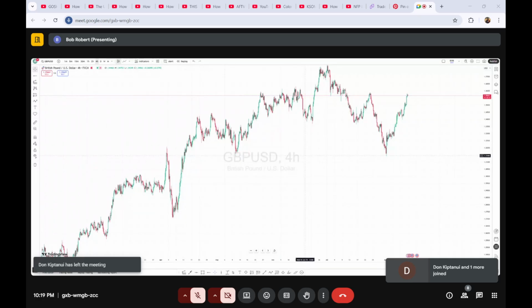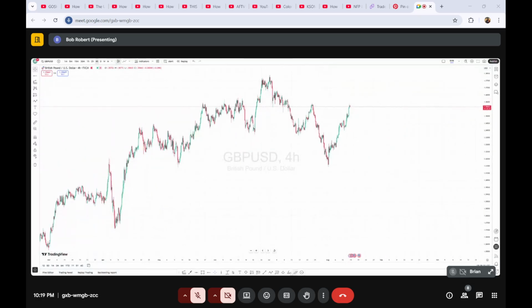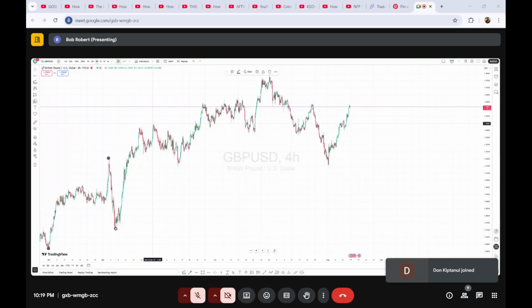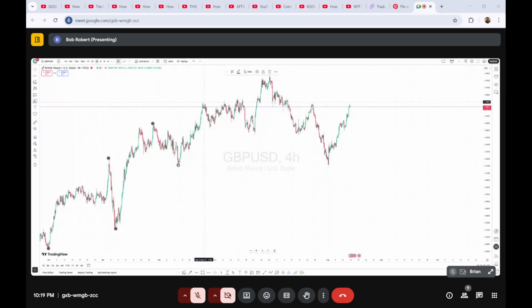From that, the external structure looks like this. This is the lower low. This is the higher low, higher high, higher low, higher high, higher low. We have a higher high here, higher low. We can take this as one, like this.